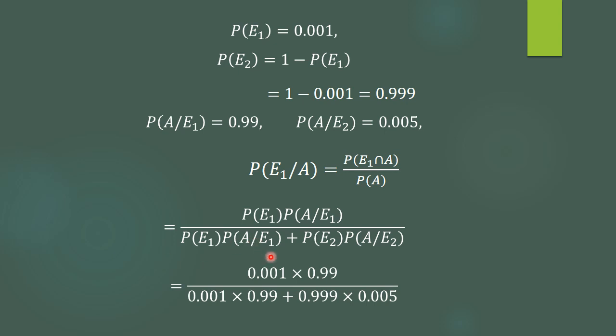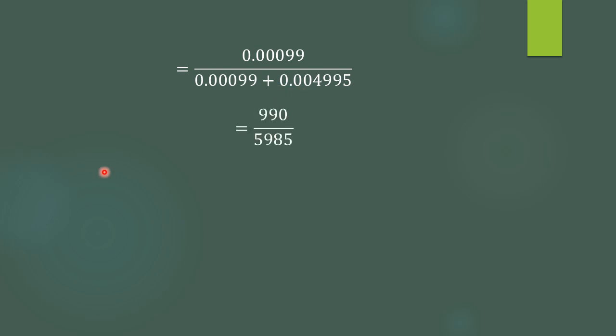That is 0.001 into 0.99, upon 0.001 into 0.99 plus 0.999 into 0.005. So ultimately what we get is 0.00099 upon 0.00099 plus 0.00499. We just have to do the calculation.